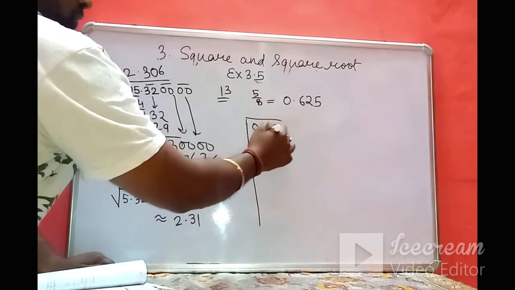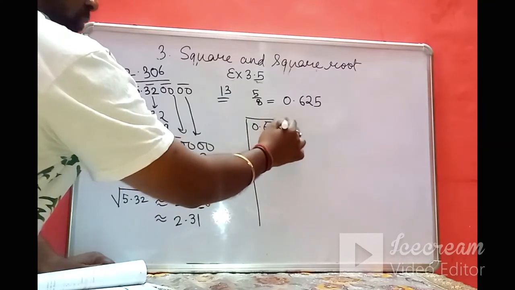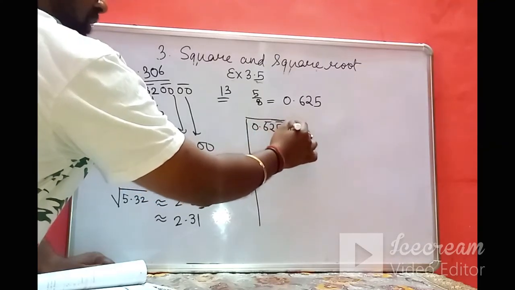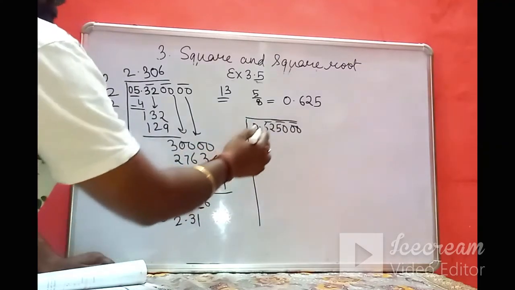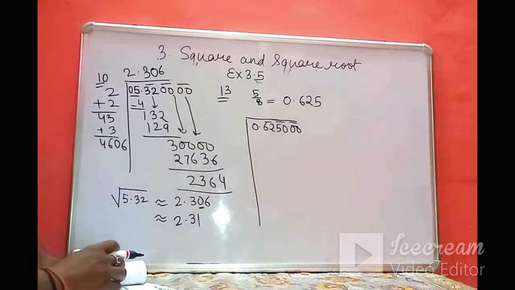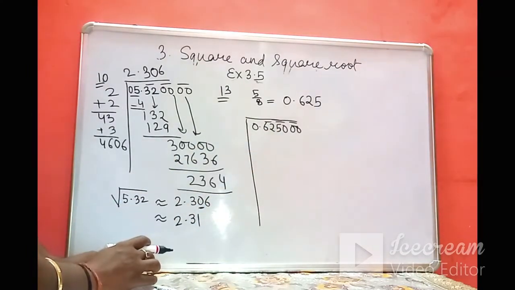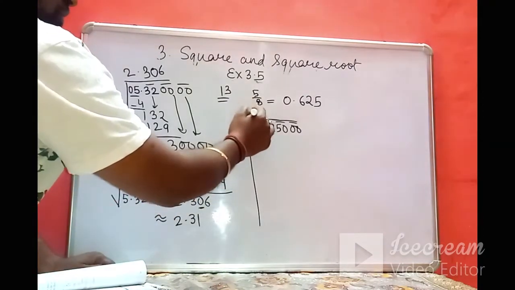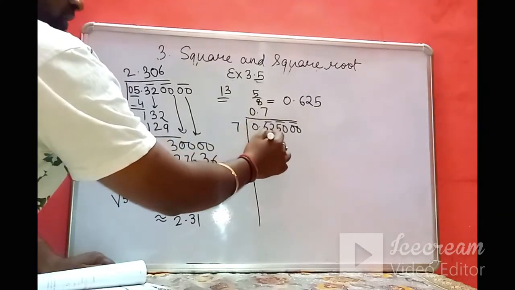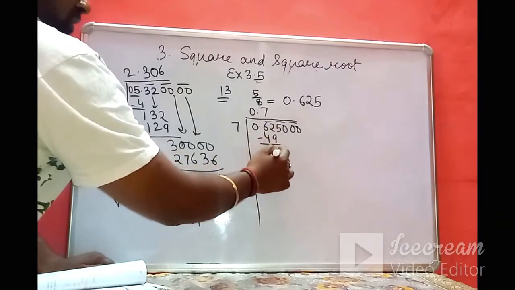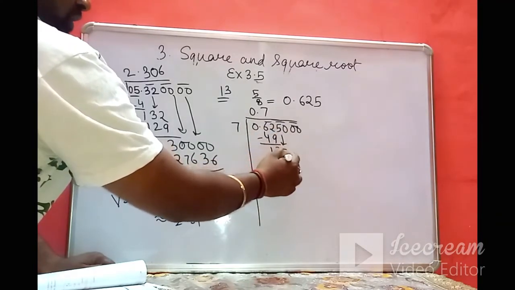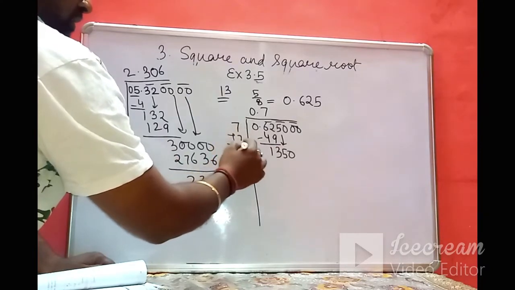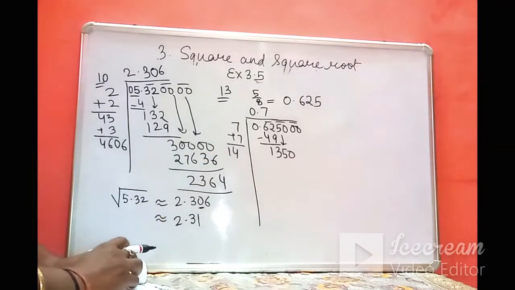So one pair is there, then I will put a 0, I will get one more pair, then 2 more zeros. So nearest square of 62, 8 into 8 is 64, bigger than this. So 7 into 7, 49. 13, then 50 will come here, then 7, 14.